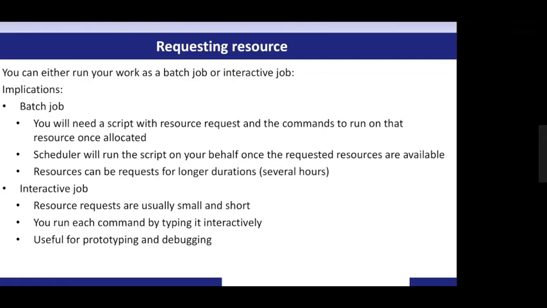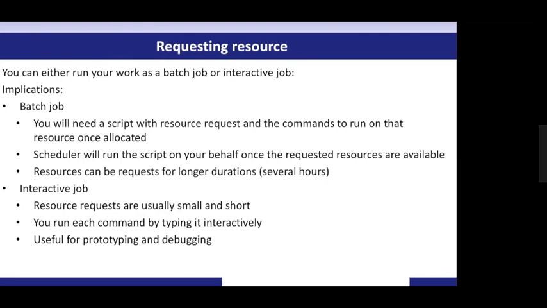There are two ways you can request this. One is you can write up a script, step by step, what is supposed to be done. You submit this to the scheduler, Slurm, and then when the resources that you have asked for in that script are available, these commands that you have lined up will be run on your behalf. That's called a batch job, right?